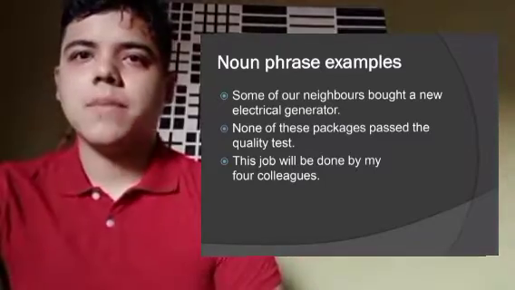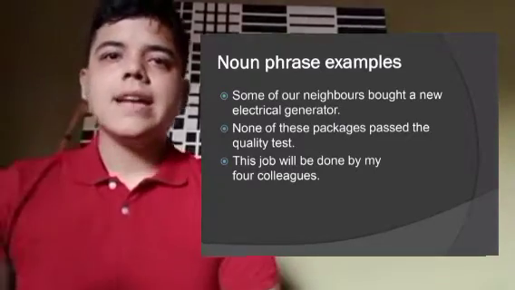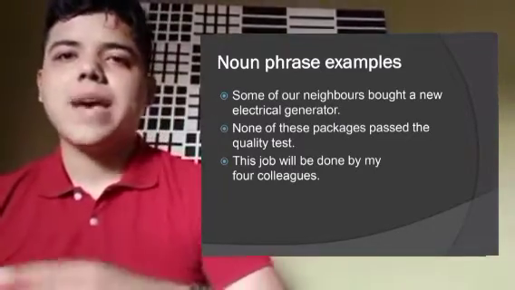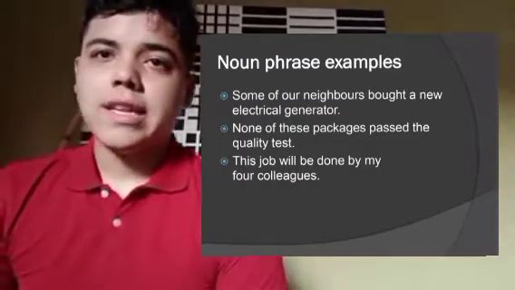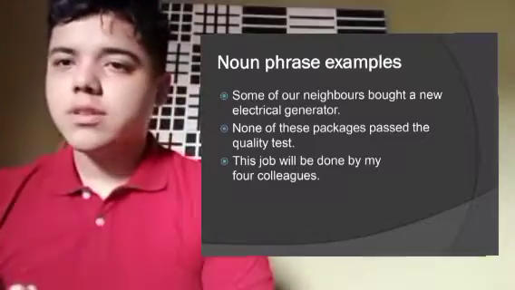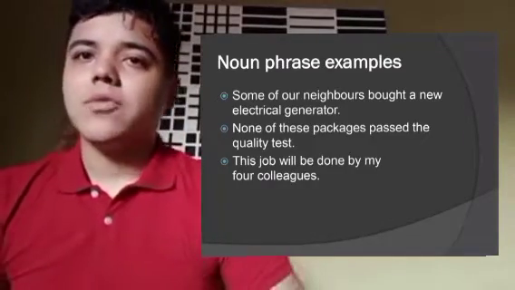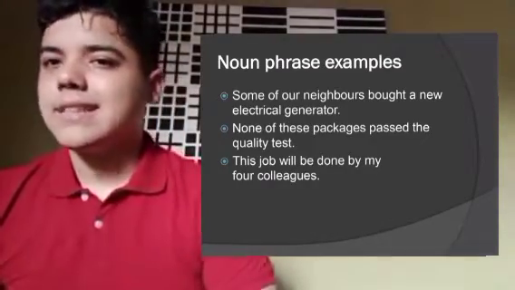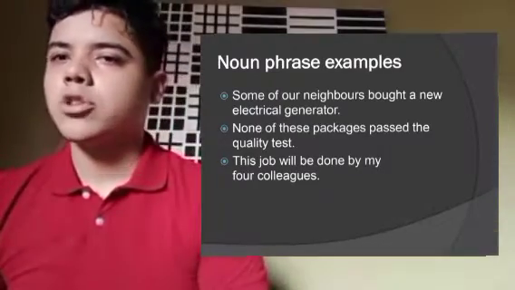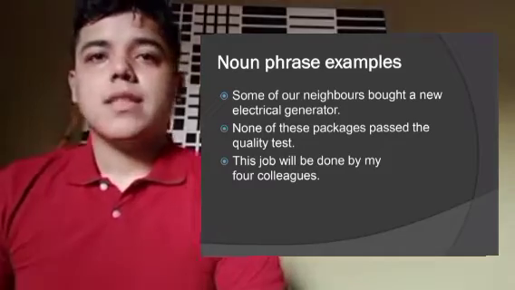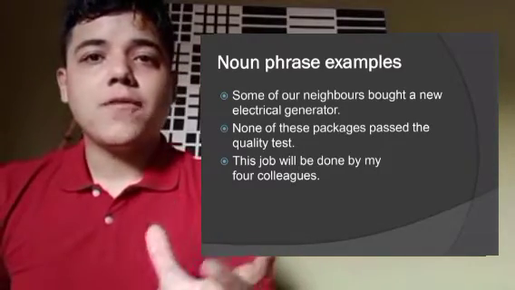The second example is: none of these packages passed the quality test. We're talking here, like in the first example, about the quality test. That's our head. That's the thing we're describing. That's the thing we're going to talk about.